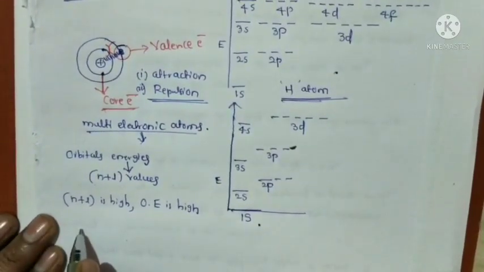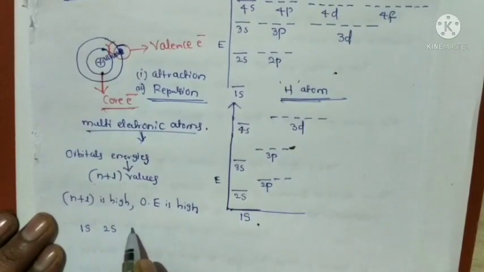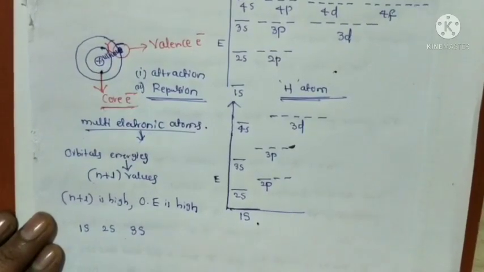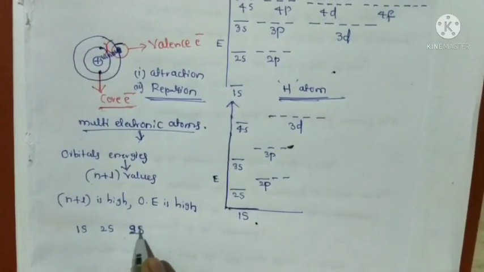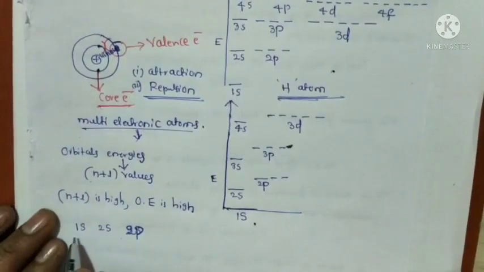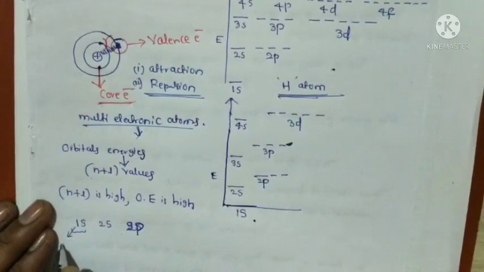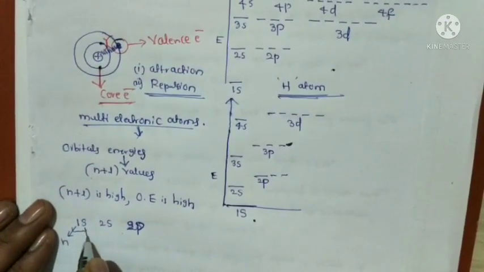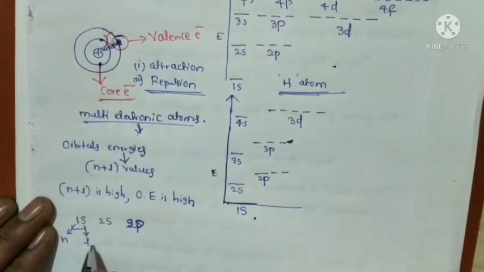For example, comparing 1s, 2s and 3s, or 2p. Here, for 1s, calculate the n plus L value. 1 represents the n value and s represents the L value. For an s orbital the L value is 0.